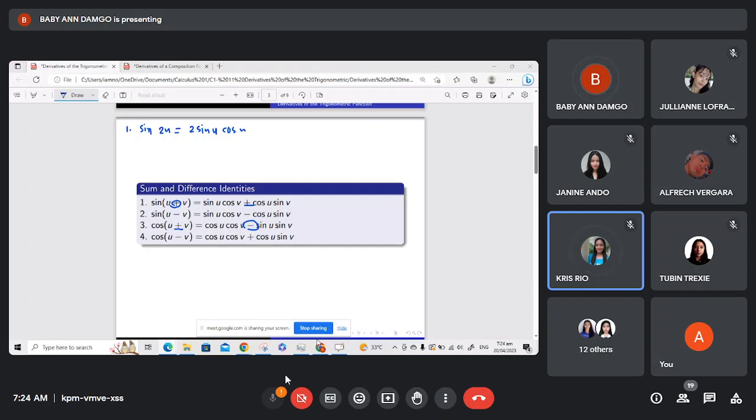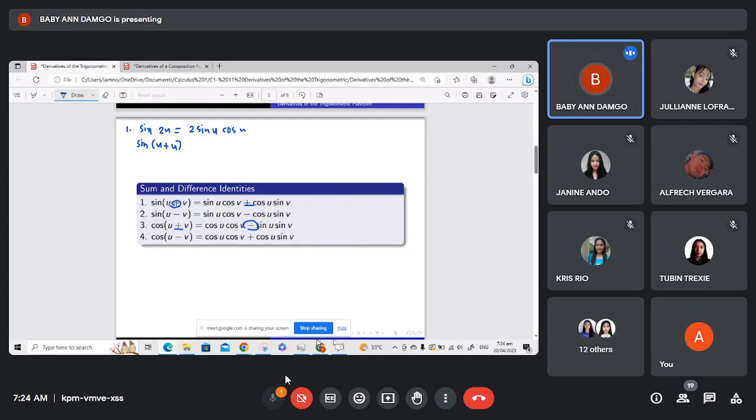Yes, Miss. Okay. So, sine 2u, class, you can write as sine u plus u, in which, if you observe, this is the sum of sine. So we can apply that identity.